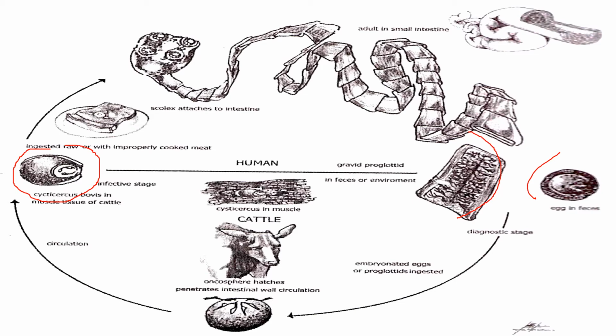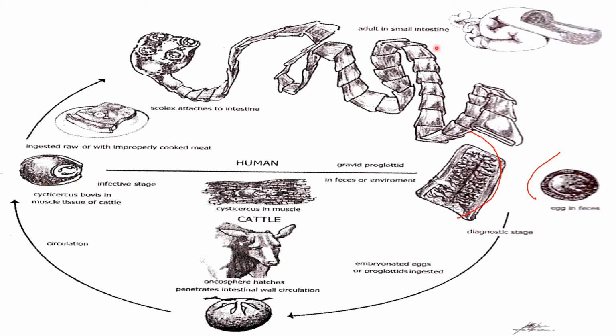When the eggs are present in soil, they might be ingested by cattle or cows, and then the oncosphere is released and it penetrates the intestinal mucosa. Okay, and typically enters a muscle fiber and develops into Cysticercus bovis. That is what we call the cysticercus of Taenia saginata. It's Cysticercus bovis.